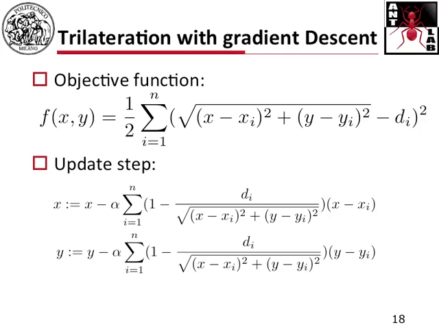This term in the brackets is just the error you have with respect to the distance measured and the distance from the estimated position. Then you square the whole thing, and then you sum up all the errors you have for all the measures you have. So this sum goes from 1 to the number of the anchors, the number of the measures you are taking.